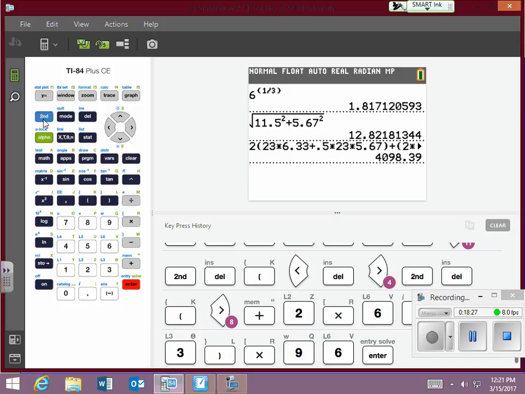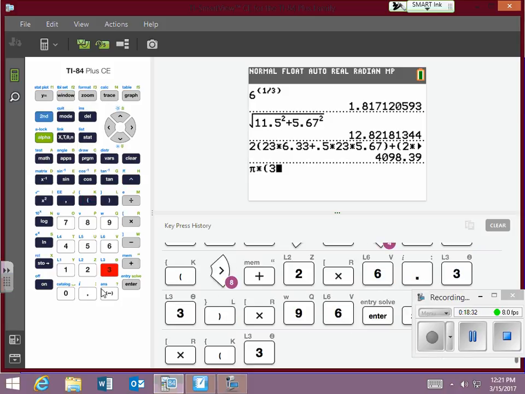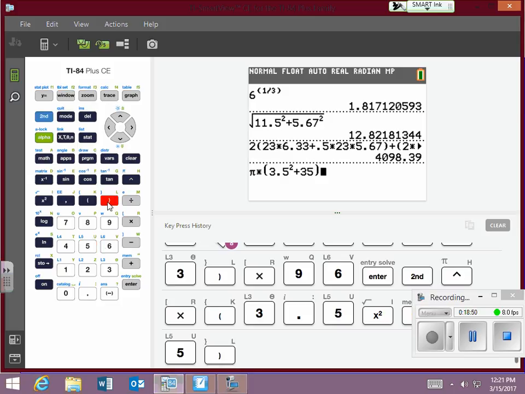So it's pi times bracket 3.5 squared plus 35, close that bracket, and then divided by 10. Now, because all of these things are multiplied, I can divide it by 10 without putting a bracket around that whole big thing, and it'll be correct.